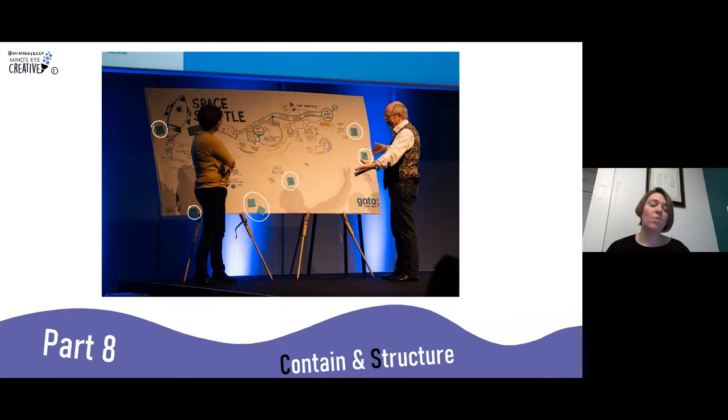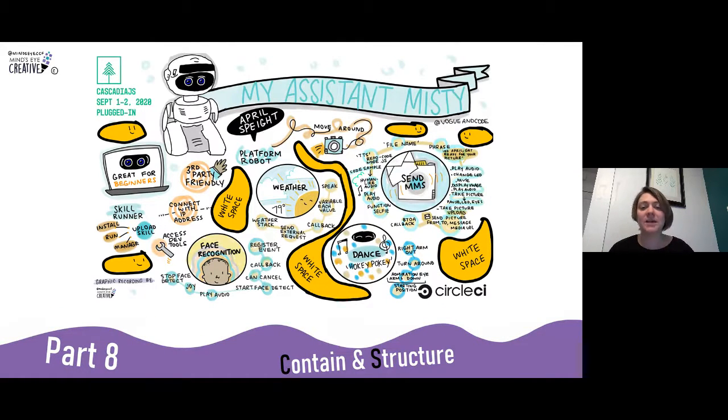Another reminder is that white space is your friend. Here's a little example of a graphic recording, and highlighted in yellow is the white space. White space helps make a piece feel like it's breathing, so you can very specifically see the different aspects of it and how they relate to one another without questioning at all. You want to be able to look at it and go, oh, I know that relates to that and that relates to that.